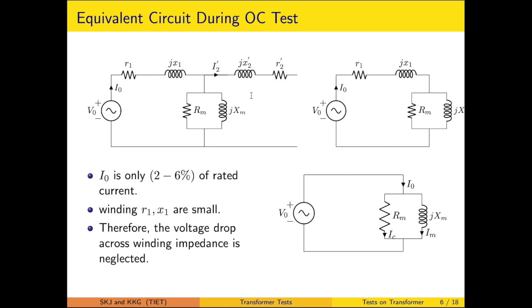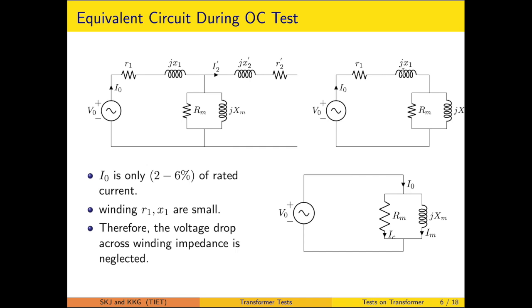This is the equivalent circuit when there is an open circuit at the high voltage side. This is re-represented likewise. Now the no load current I0 is only about 5% of the rated current, that is one aspect. The winding resistance and the leakage reactances are kept small to have a high efficiency.